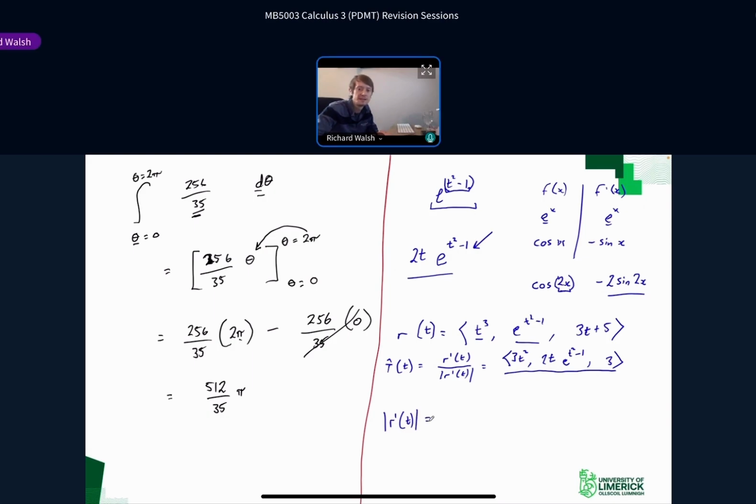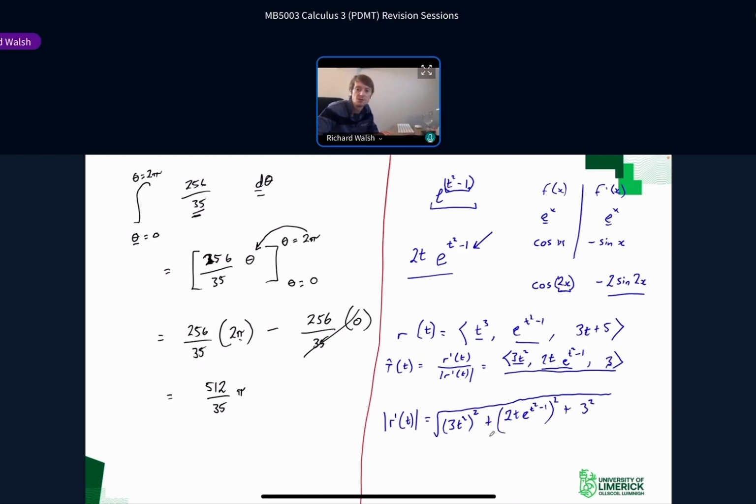The magnitude of a vector is the square root of all of the components squared and added up. So 3t squared, squared, plus 2t e to the t squared minus 1, squared, plus 3 squared.